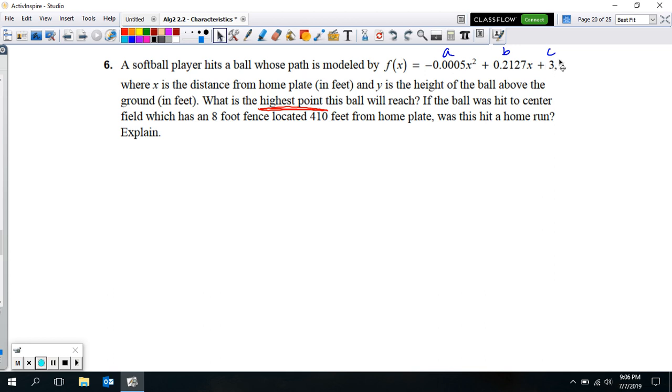So this is our a number, our b number, and c number, and we're going to plug them into this little formula for finding the x-coordinate, negative b over 2a. So as we plug in the negative b, it's going to be the opposite of this number, over 2 times this first number. So negative b, and then 2 times a.